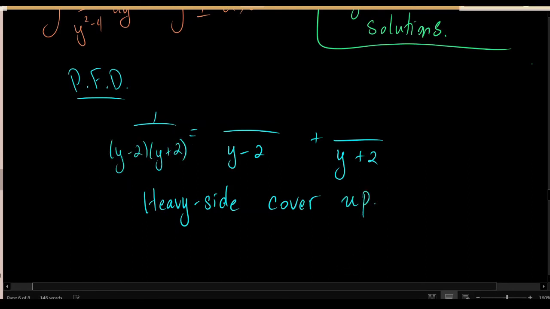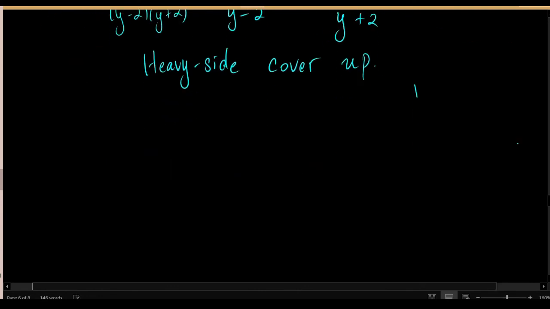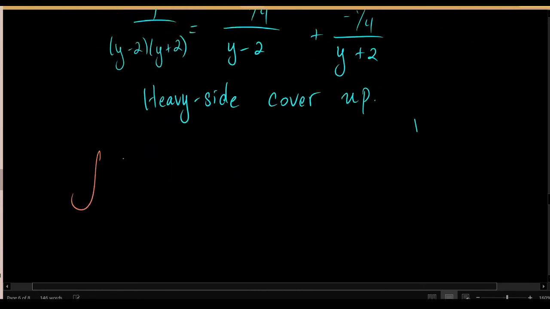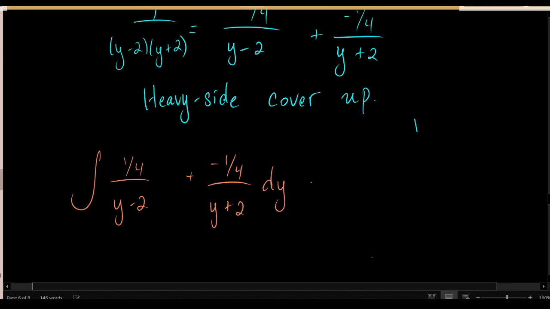So I'm going to cover up y minus 2 on the left side, plug in y equals positive 2, and I get 1 over 4. Y equals negative 2 is what makes the second denominator 0, and I get negative 1 over 4. So on the left-hand side, I'm integrating 1/4 over y minus 2 plus negative 1/4 over y plus 2 with respect to y.